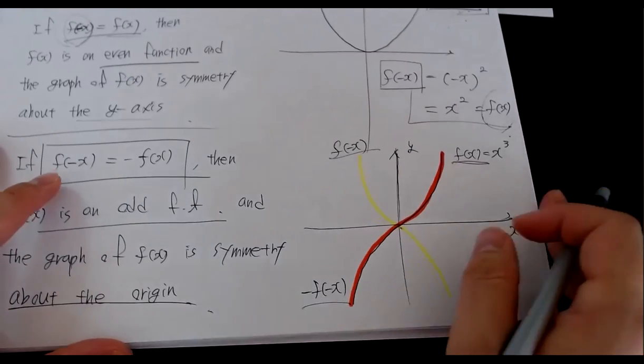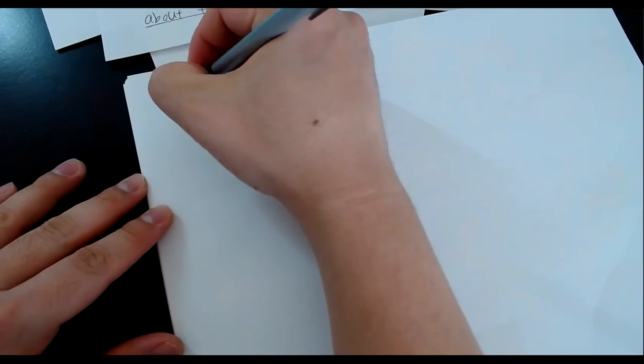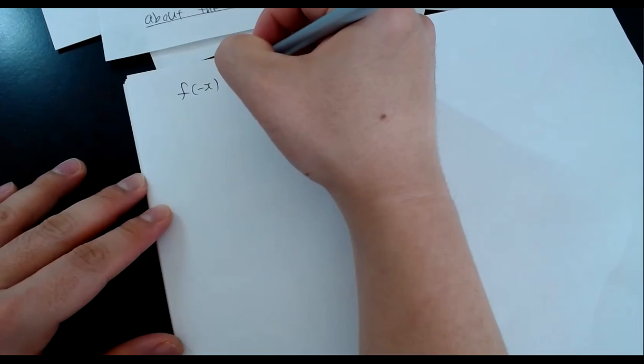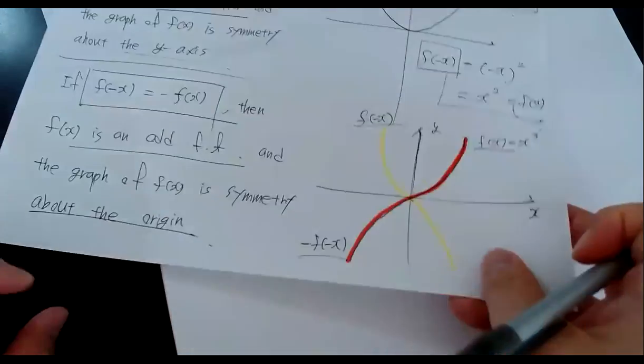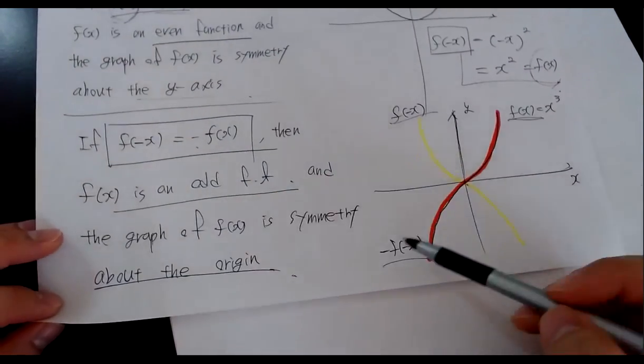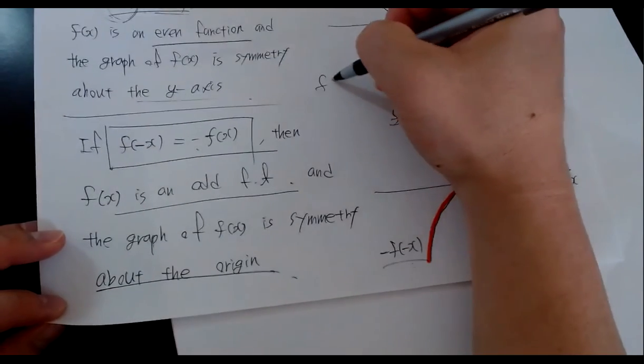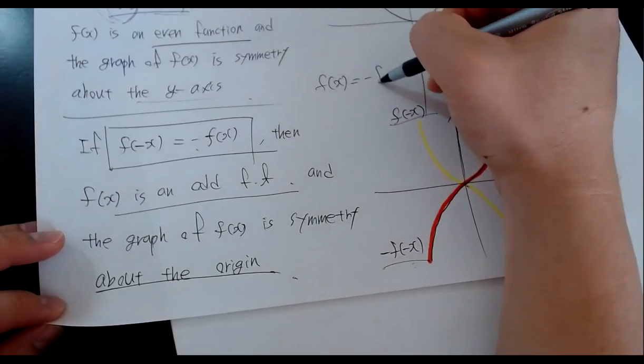Okay. Let me prove it algebraically. So we start from f of negative x. You may just confuse this one with negative f of negative x equals f of x. Think about this. f of x is equal to negative f of negative x.